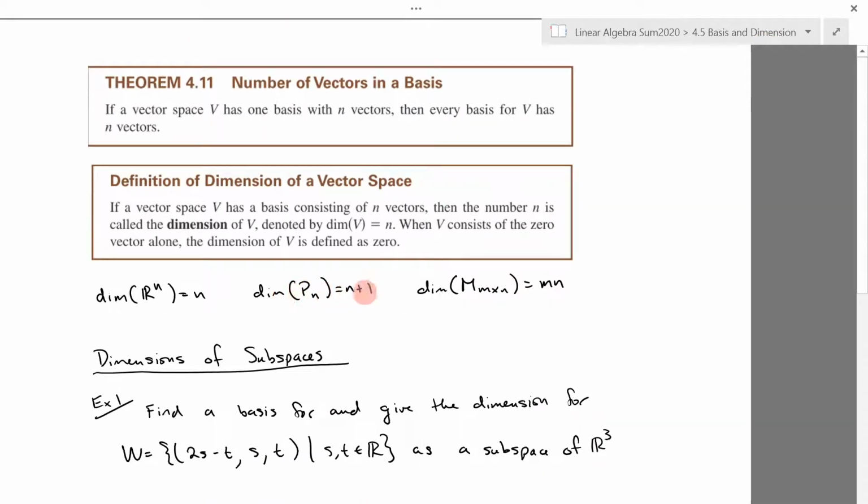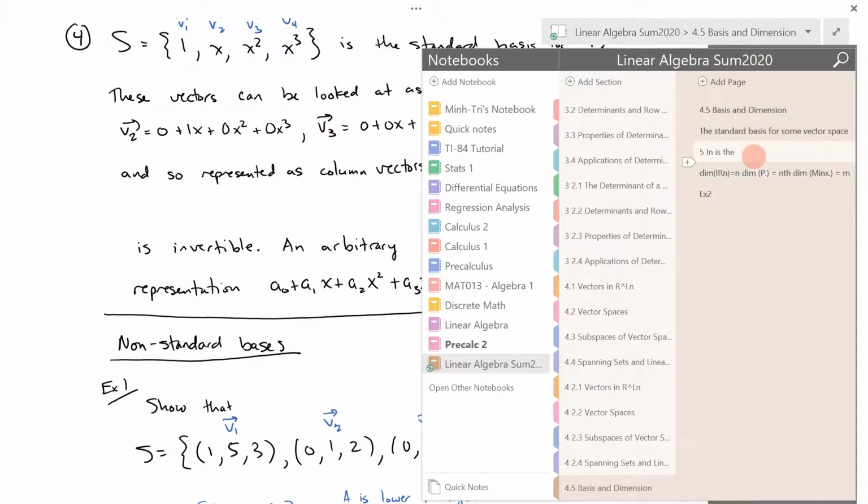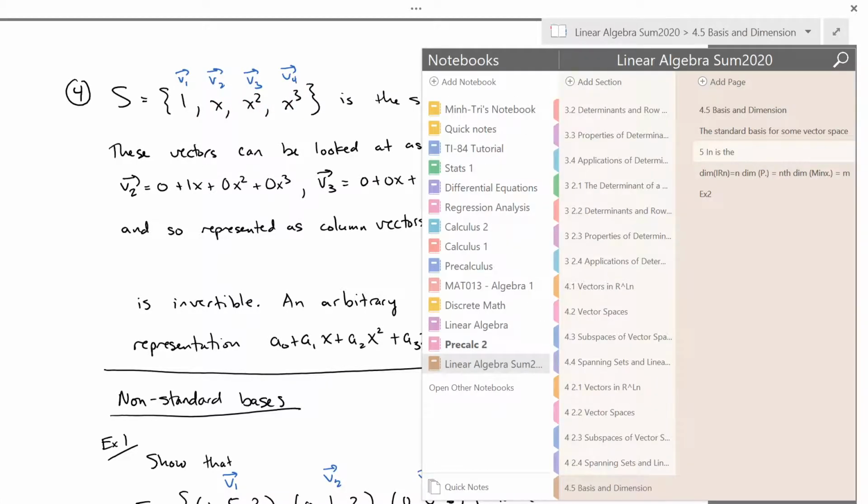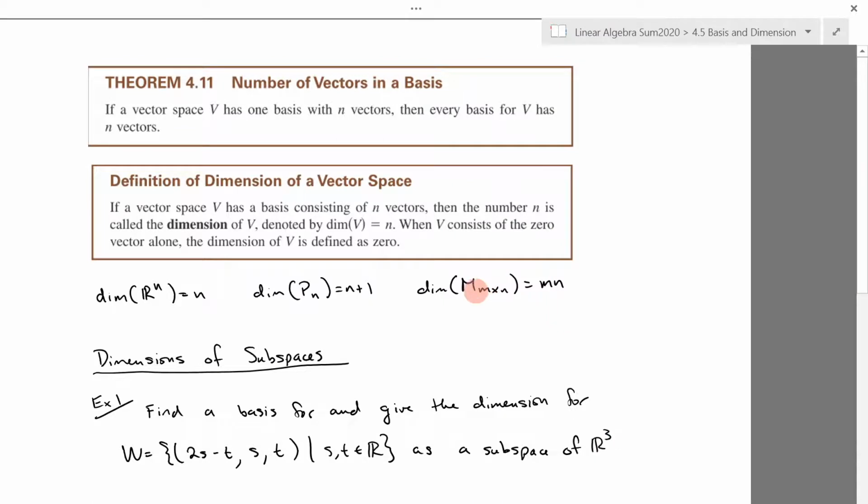So the dimension of this space is n plus 1. So we saw that P3 has 4 basis vectors, so that had dimension 4. And then the dimension of the space of m by n matrices: there are m times n different coordinates, so the dimension is m times n.